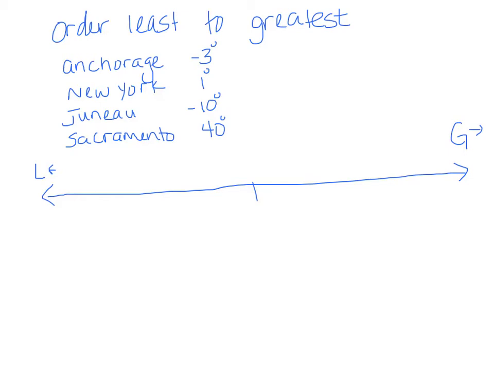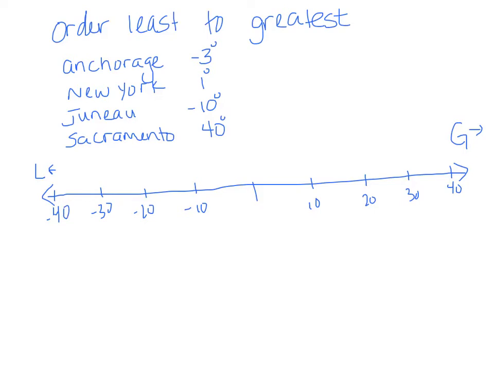Since it goes up to +40, I would just go ahead and count by tens for my number line so I have room. So we would say 10, +20, positive 30, positive 40. And then over here would be the opposite, negative 10, negative 20, negative 30, negative 40.